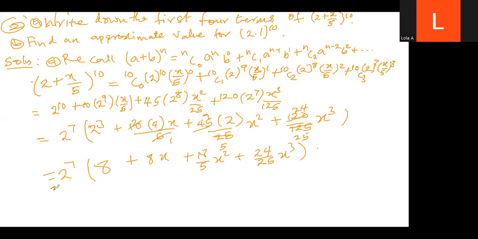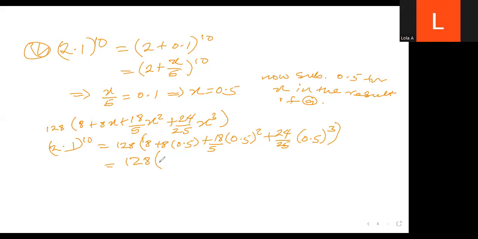So the next line will be 128 into 8 plus 8s plus 18 over 5 s squared plus 24 over 25 s cubed. So please write this before we now move to the next page.